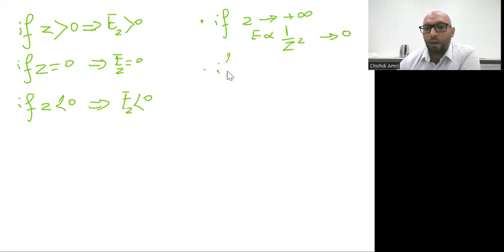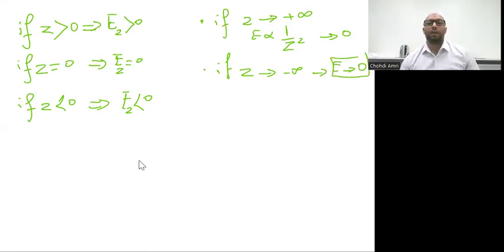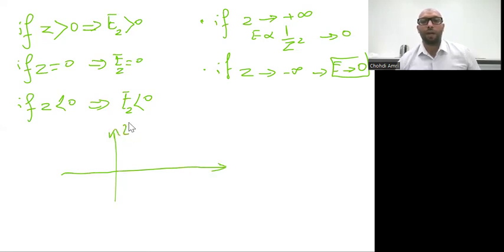If z is negative infinity, the same, E tends to 0.